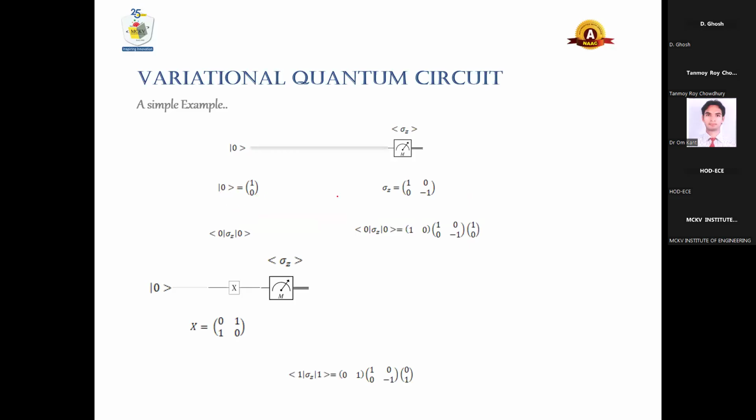This is the vector notation. Sigma z, that is, I want to measure the expectation value of the spin along these two axes. If this is my spin up, that is the z axis, this will be spin down. So that is what I want to measure.